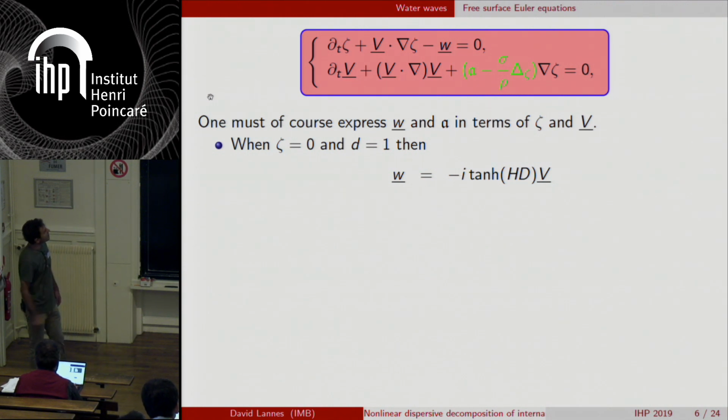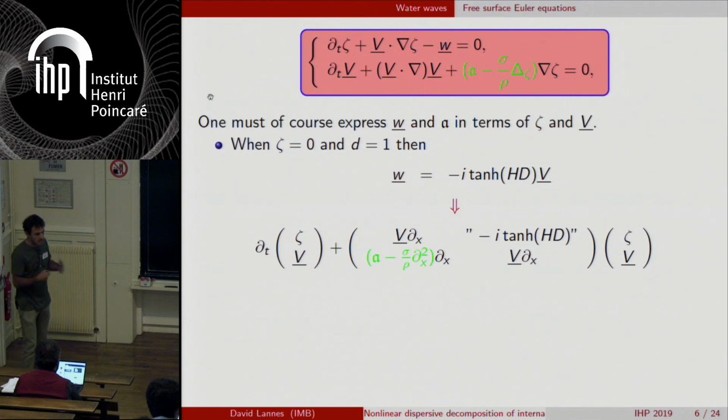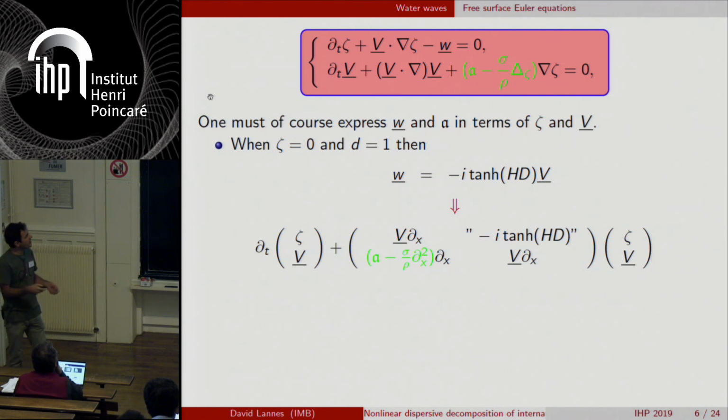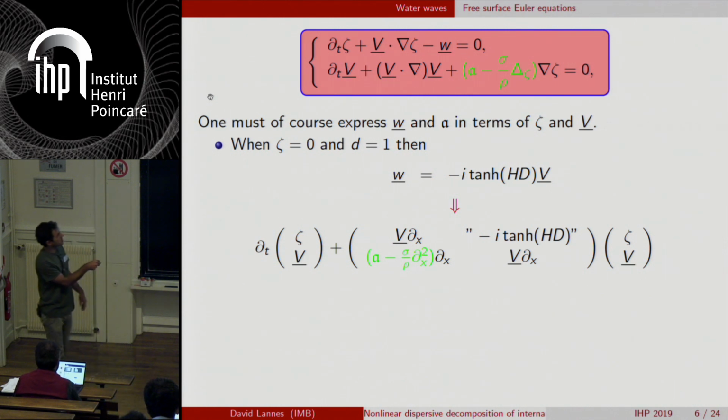So this is to express this term. Now what is this operator A? When you write these equations, essentially it will behave like this. So you have this convective term, V dx here in the diagonal term, so they are quite easy to understand. This is when zeta equals 0, when the surface is not flat, this operator behaves more or less in the same way, so I just put some quotation marks here, but it behaves a bit like this.